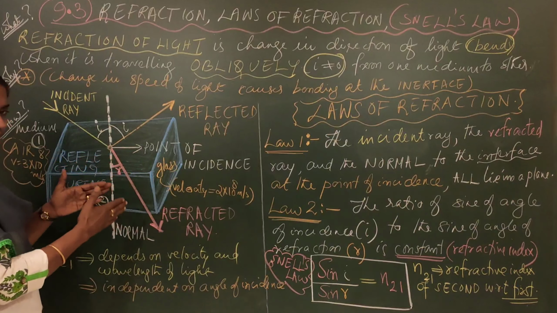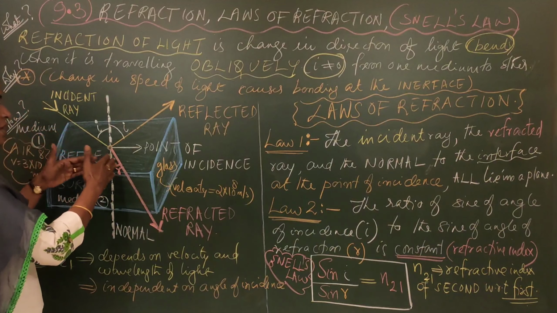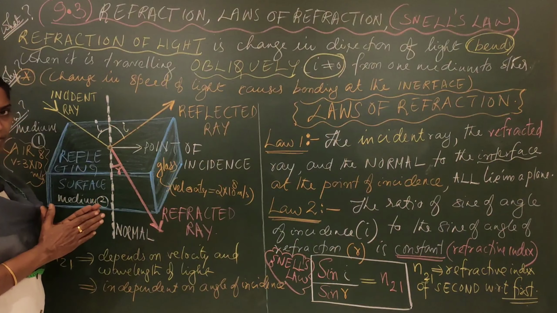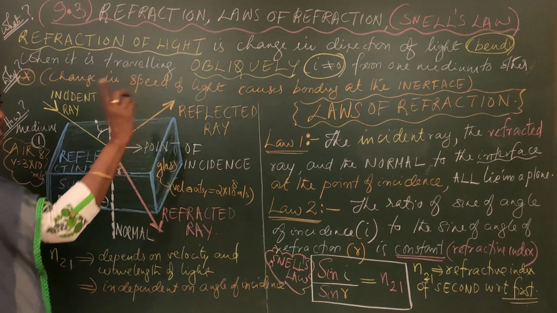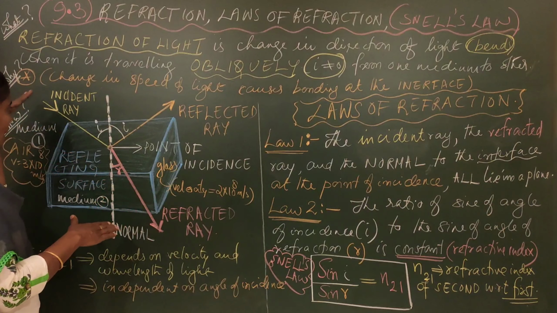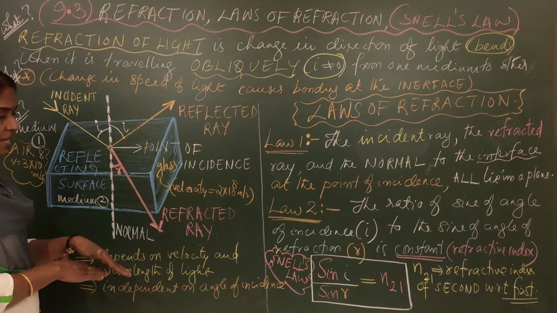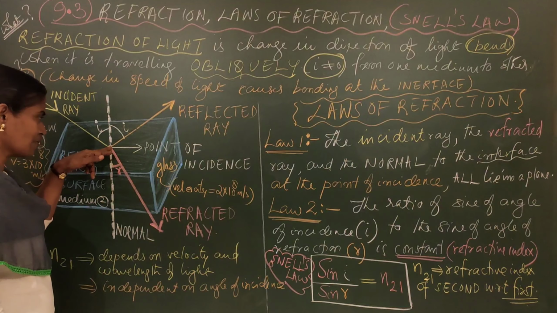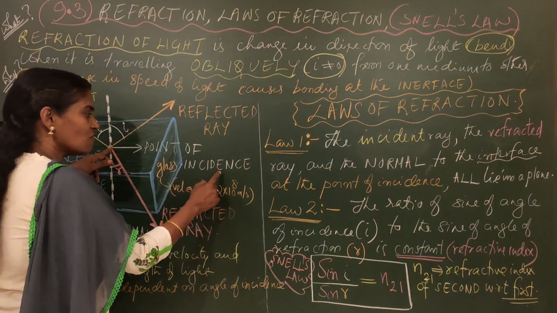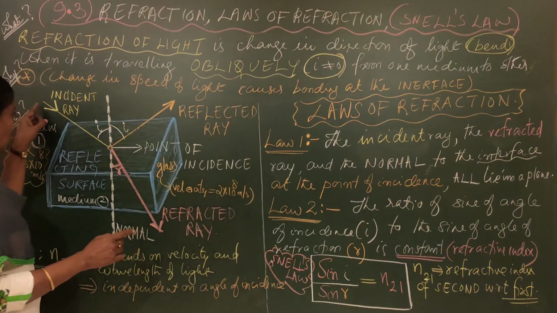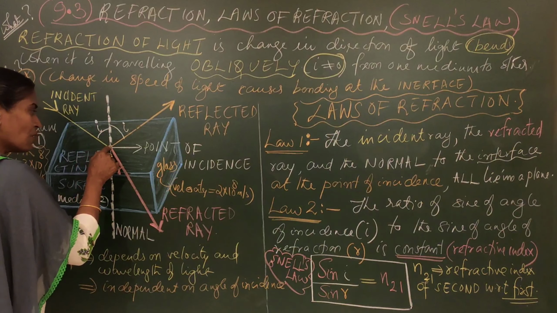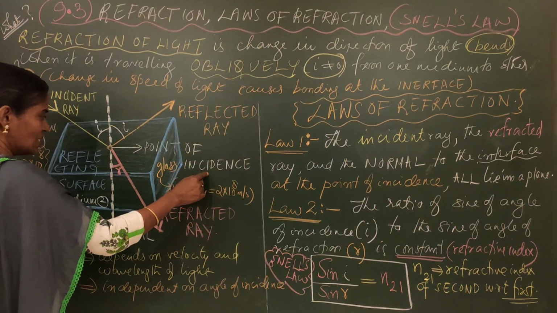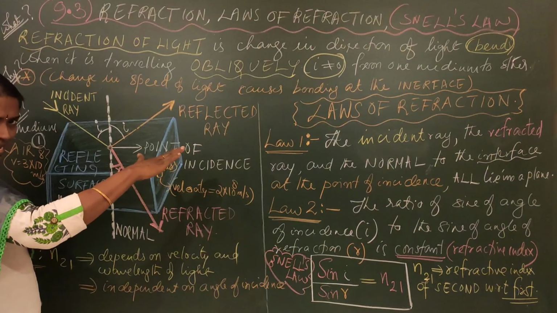You have a glass slab here, so light is coming and falling on the glass, at the surface of separation or the interface between the air and the glass. Let it be at this point. This is known as the point of incidence. So the yellow shaded line, the incident ray, falls at the point of incidence on the glass slab.